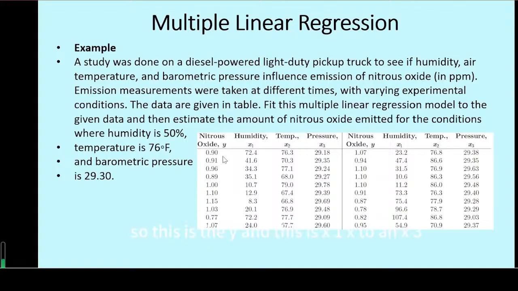This is Y, and this is X1, X2, and X3. The question is to fit this multiple linear regression model to the given data, and then estimate the amount of nitrous oxide emitted for the conditions where humidity is 50%, temperature is 76 Fahrenheit, and barometric pressure is 29.30.